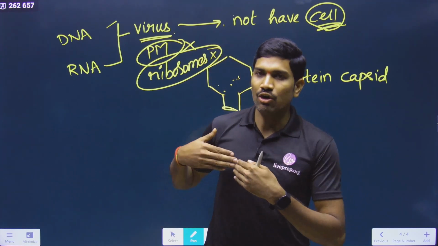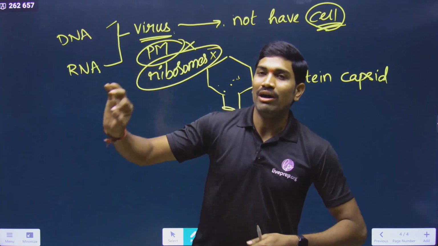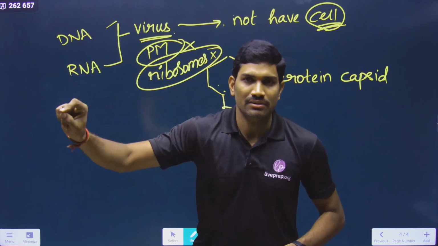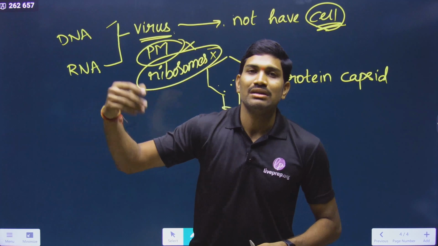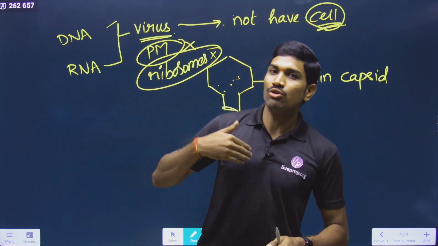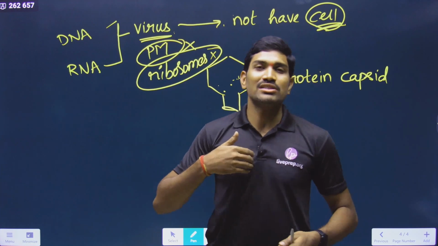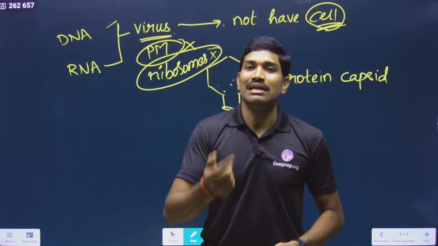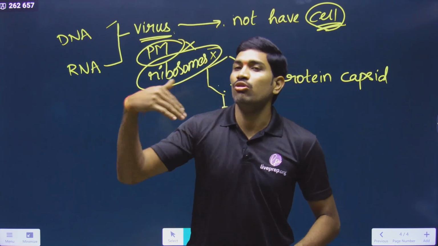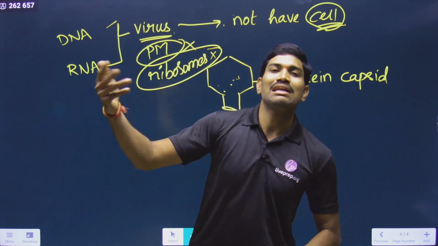So what we are saying, outside the host, virus is equal to dead. Virus is equal to a dead thing. But inside the host, yes, it can divide and form next generation viruses. So inside the host it is behaving like a living organism, but outside the host it is behaving like a non-living thing.